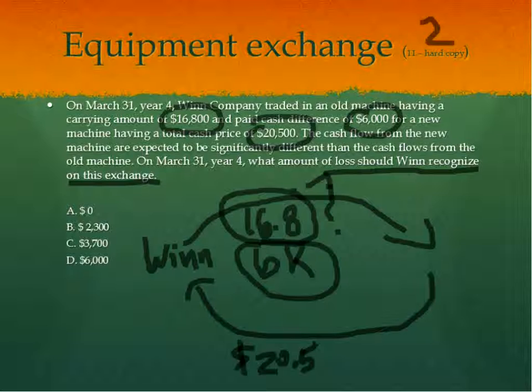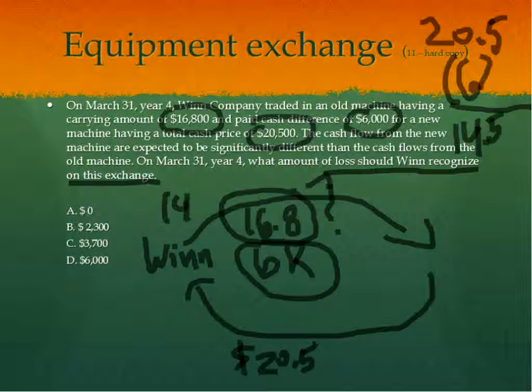So if I take 20.5 minus 6, right, I have 14.5. 14.5 must be the fair market value of what Win is giving. This is the fair market value. So this is the fair value of this machine.